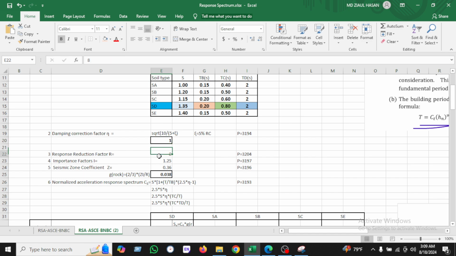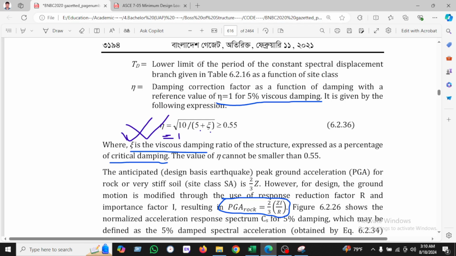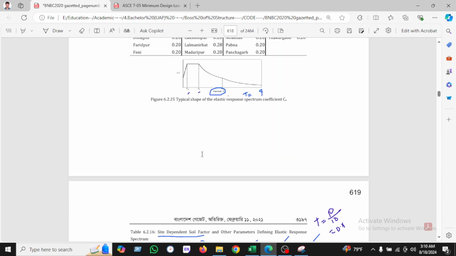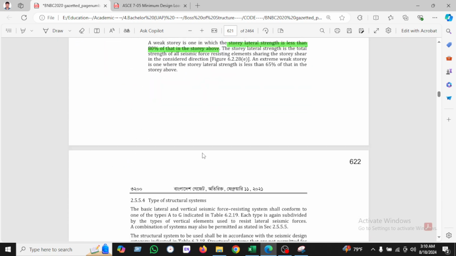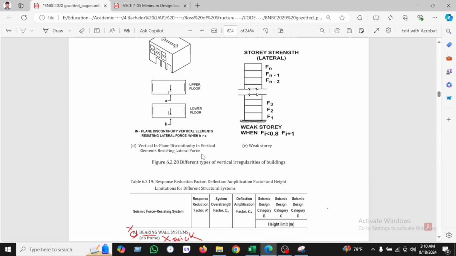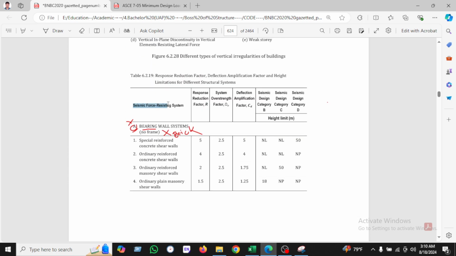Now the response reduction factor. The response reduction factor depends on the various seismic force resisting systems. It is also given along with the deflection amplification factor and so on.